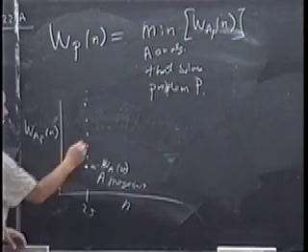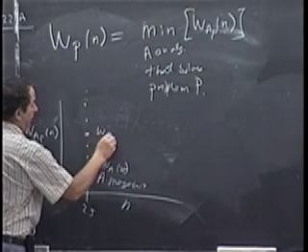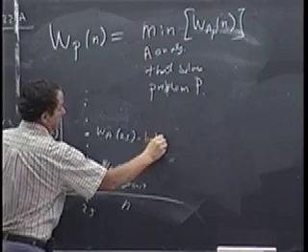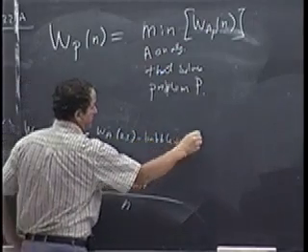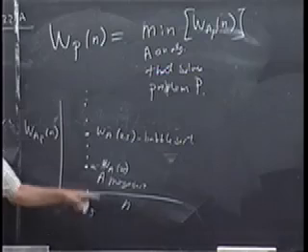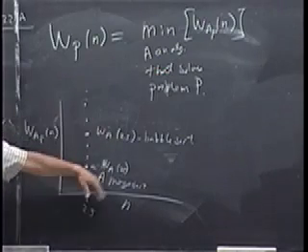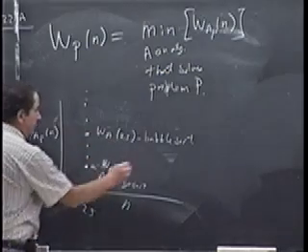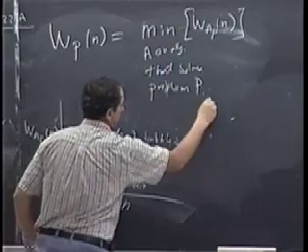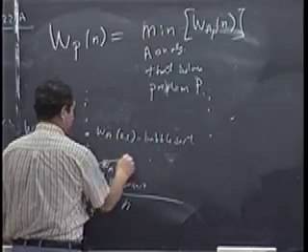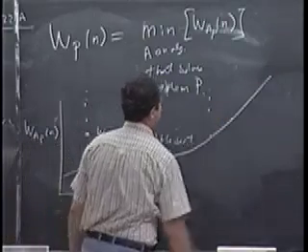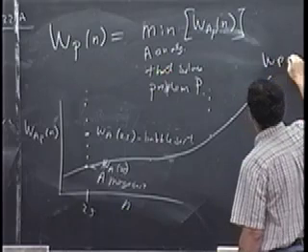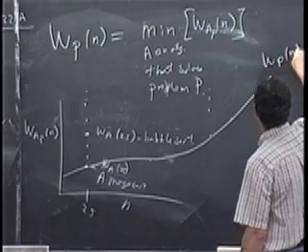And here's W_A(25) for bubble sort. So we have all of these data points on this conceptual graph, and then connecting the lower dots, that's what W_P of n looks like.